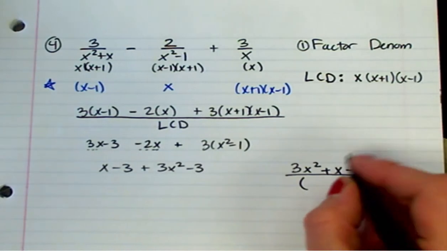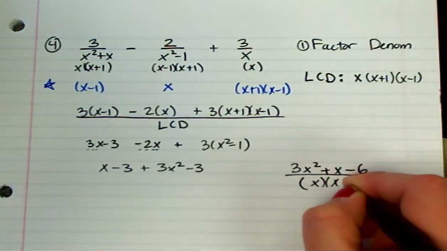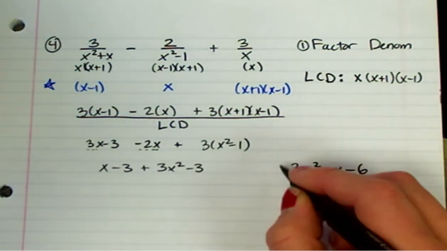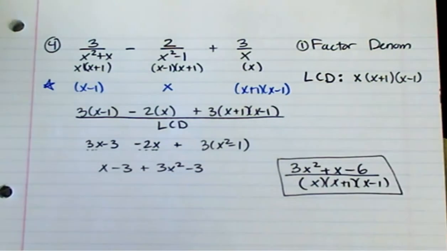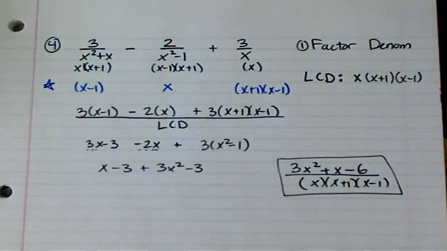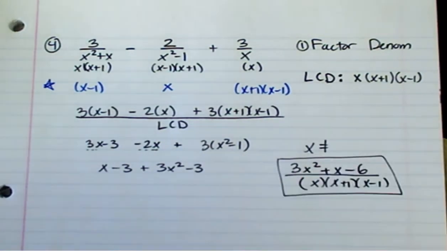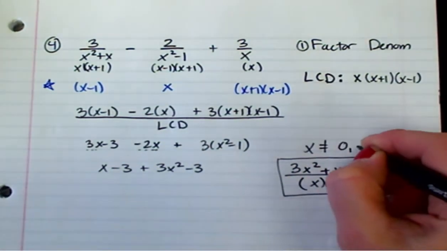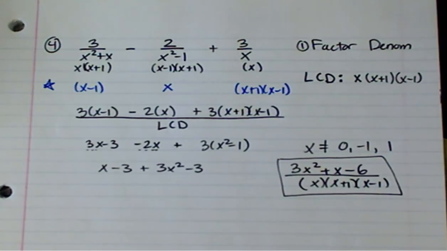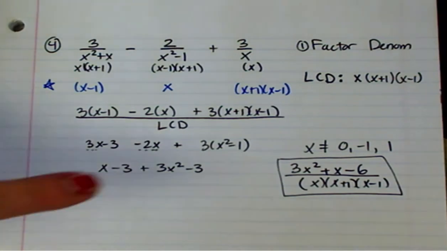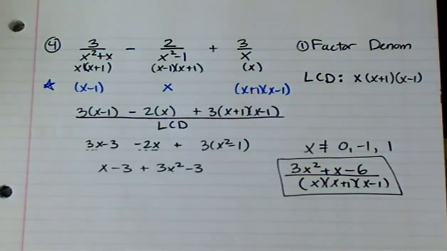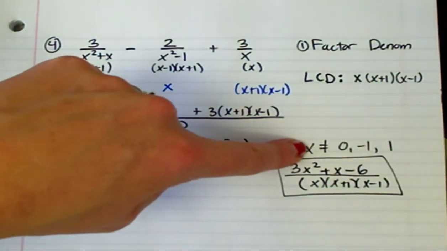Once I finally get to the answer, then I will copy back in my least common denominator. Oh, x can't be 0, -1, and 1. Notice they come from the least common denominator, all the factors of the denominator. Those are your restrictions.